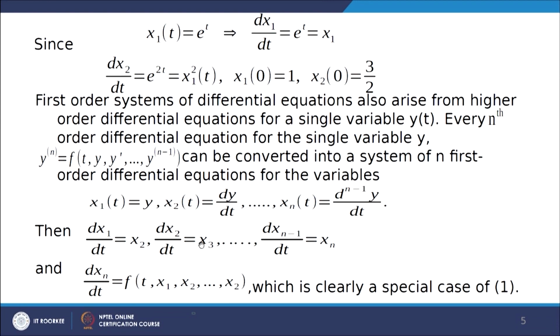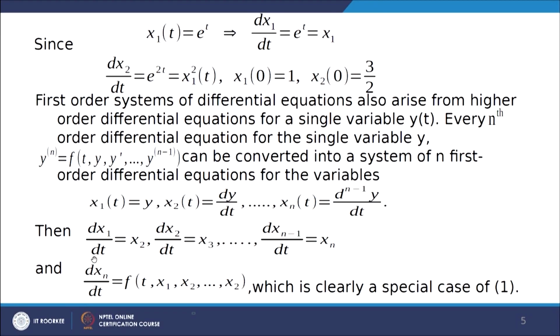So, dx2/dt is equal to x3, and so on. x(n minus 1)(t) is the (n minus 2)th derivative of y with respect to t. So, dx(n minus 1)/dt will be equal to the (n minus 1)th derivative of y, and therefore, it is equal to xn. And dxn/dt, if you differentiate this with respect to t, gives you the nth derivative of y with respect to t.